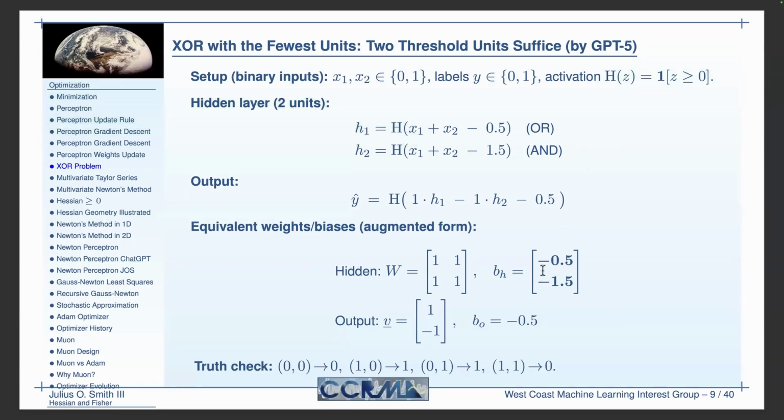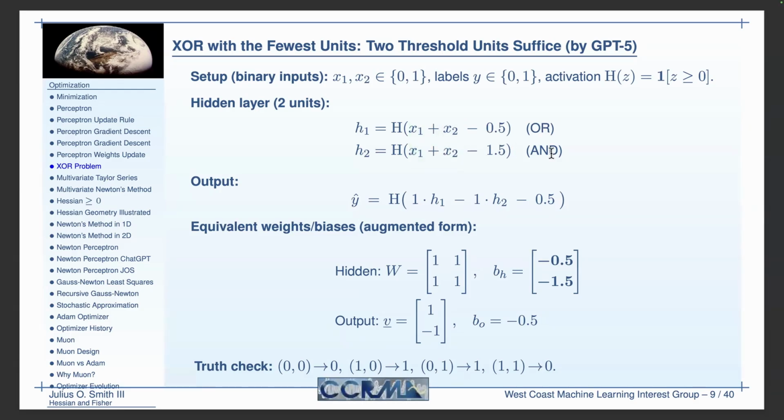And I don't see any reason we need to dwell on this, but if you're watching the recording, you can pause, and we can also talk about it. But anyway, that's the bottom line. You just need this sort of 2-level thing where first you have a layer that takes the sum minus a half and then the sum minus 1.5.